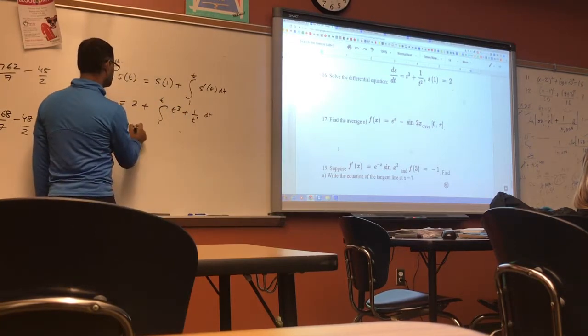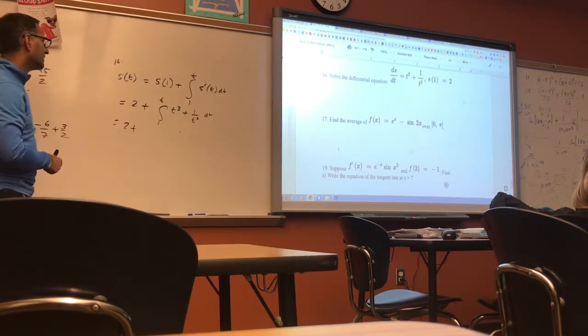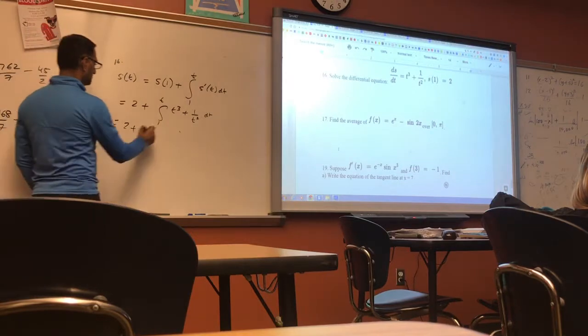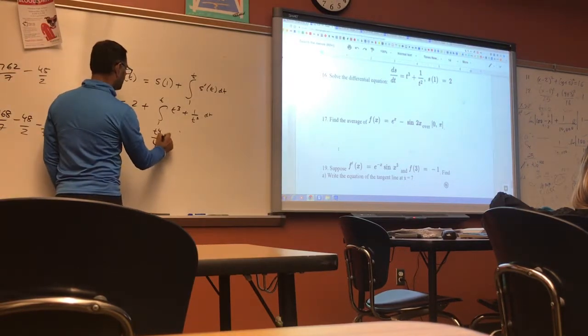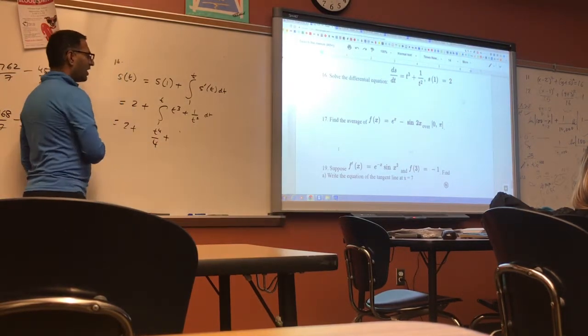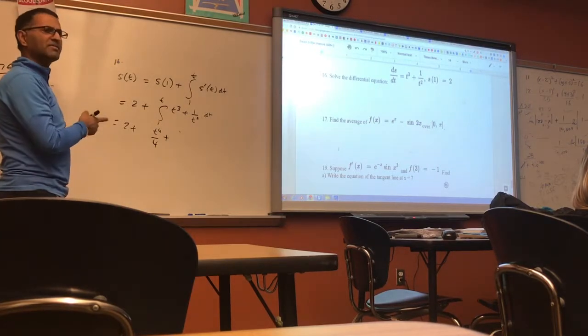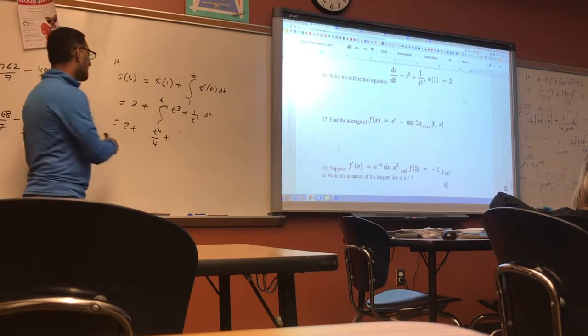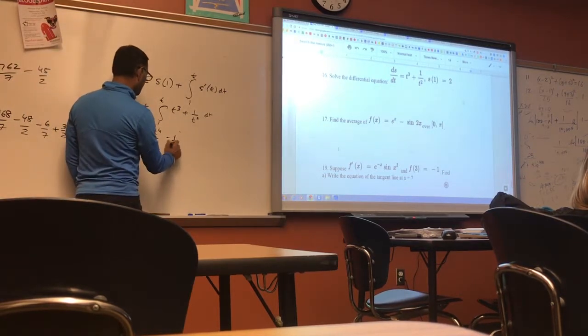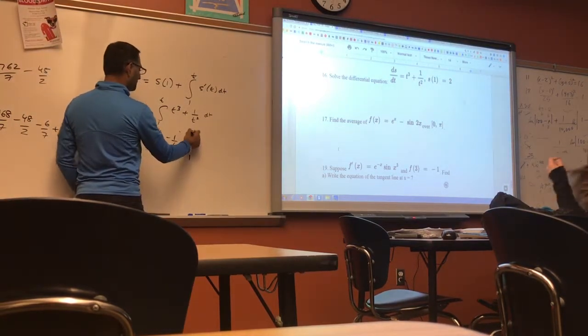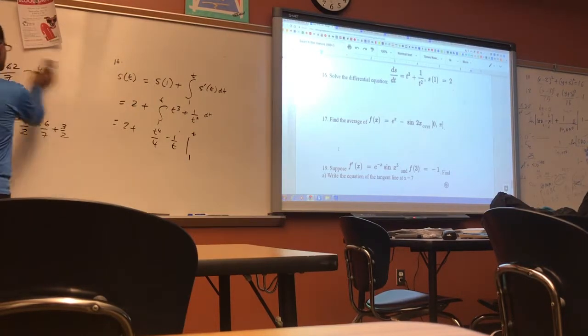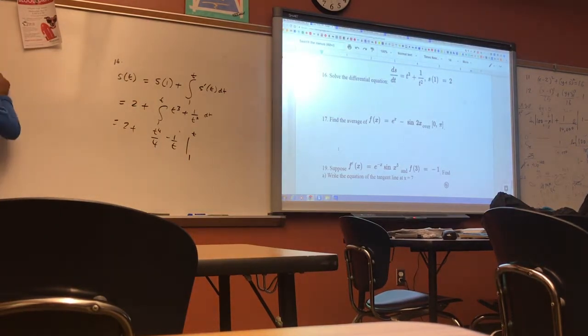Let's actually do it. Look down. Integral of t cubed plus. Should we rewrite that or do we have a formula? What is the integral of 1 over x squared? Negative 1 over x. So negative 1 over t. Lower limit 1, upper limit t. Okay. Slow down, slow down. Okay, 2 plus brackets.